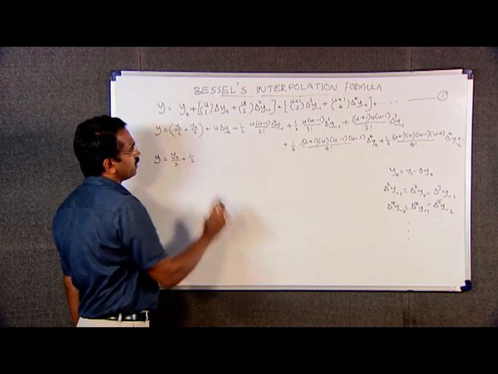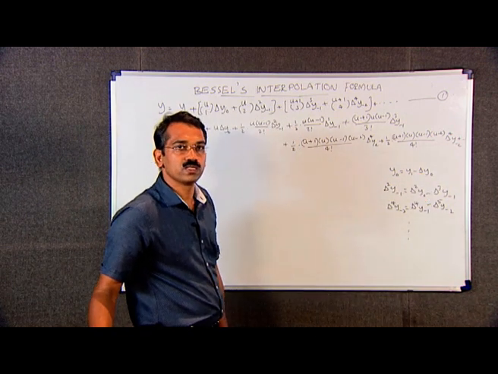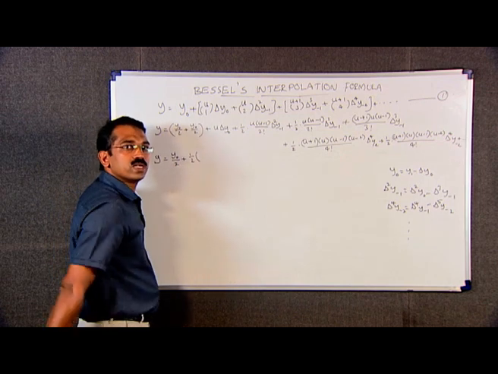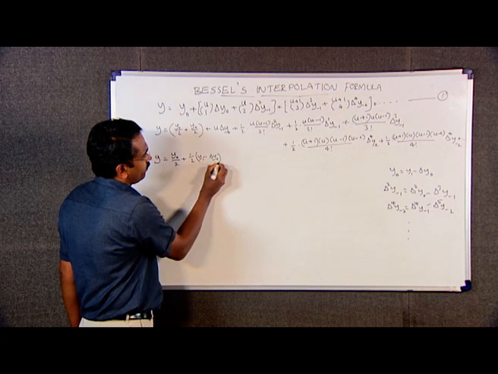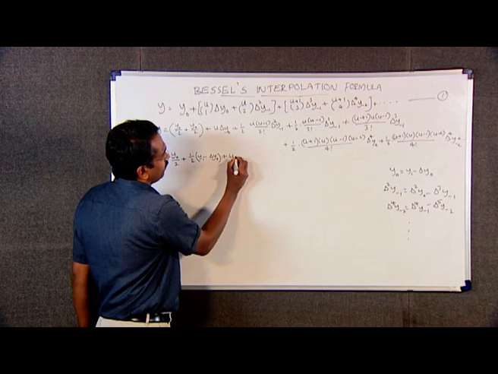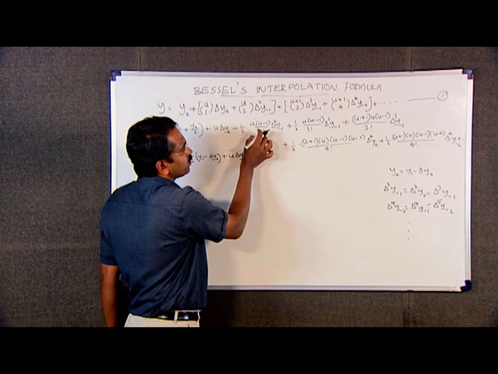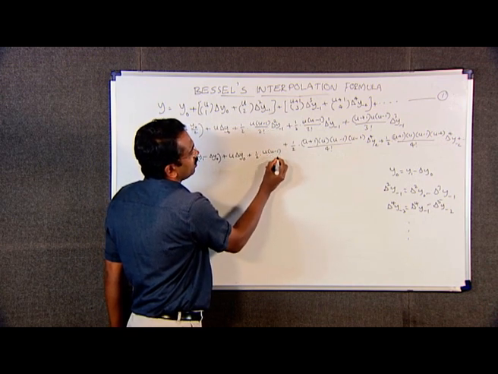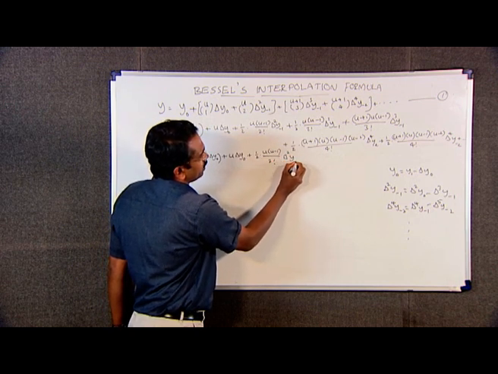For this second split up we use this result, y0 equal to y1 minus delta y0, that is 1 by 2 into y0 plus y1 minus delta y0, plus u into delta y0, plus this first split up is 1 by 2 into u into u minus 1 divided by 2 factorial into delta square y minus 1.